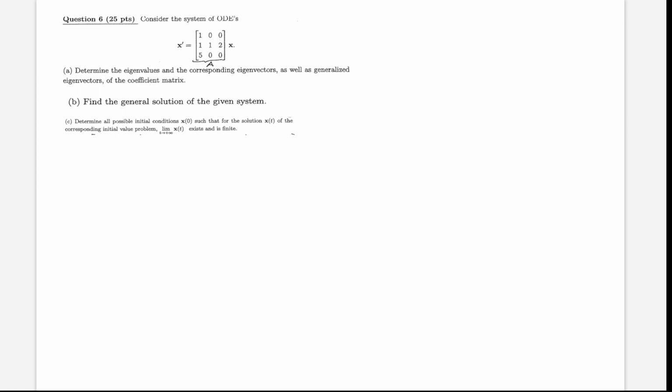So first step, we need to find the determinant of A minus lambda I equal to 0. So from here, we will notice that we have this expression equal to 0, and we want to find lambda.